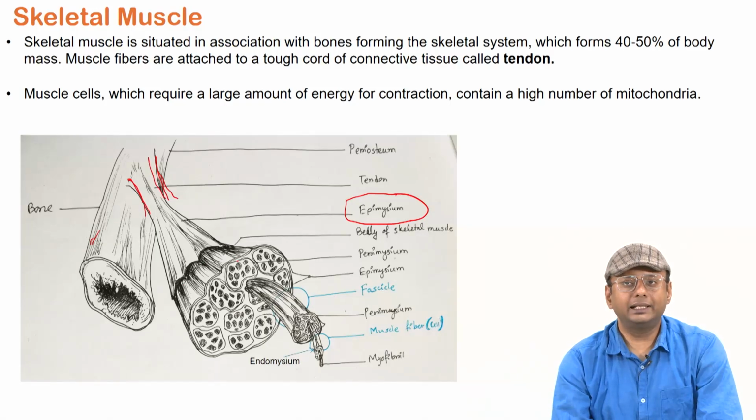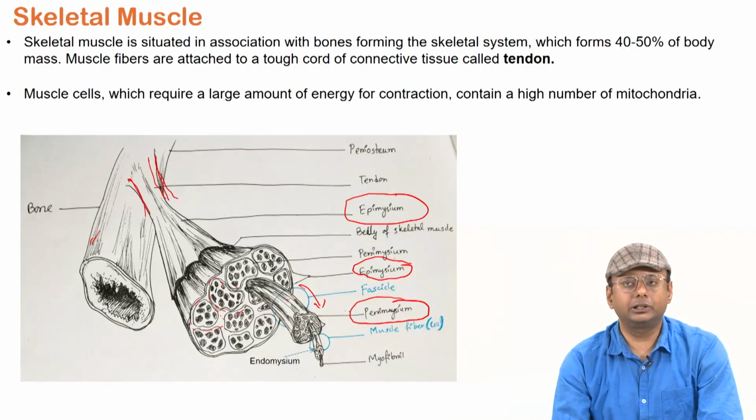And from the epimysium, you can see there are these round shapes, which are called fascicles. These are bunches of muscle fibers together. If you pull out one fascicle, epimysium is the outer layer, and the membrane of a bundle of fascicles is called perimysium.